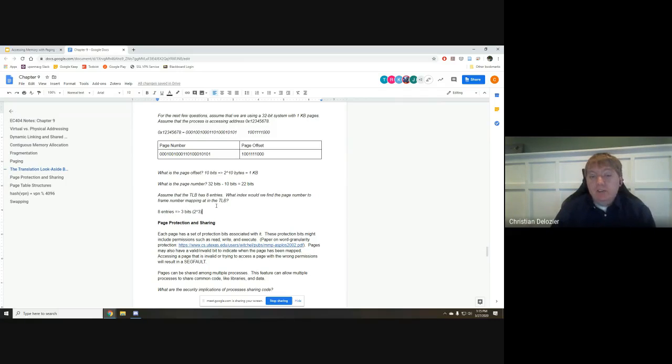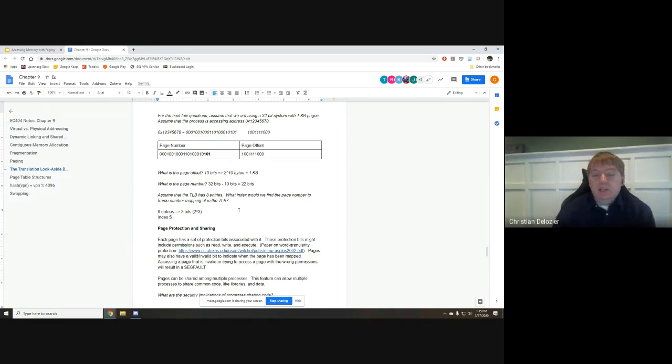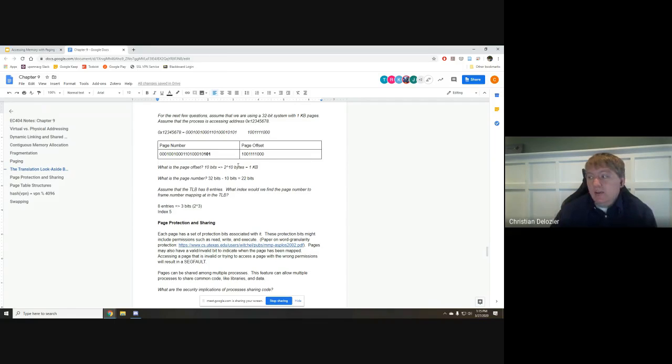So we have 3 bits to represent 8 different values for our indexes. And that means that we're going to find that index at the last 3 bits of the page number. This would be index 5 in our TLB here. So we're just looking at that last couple bits here for our TLB entry. Okay. Any other questions on this setup here?